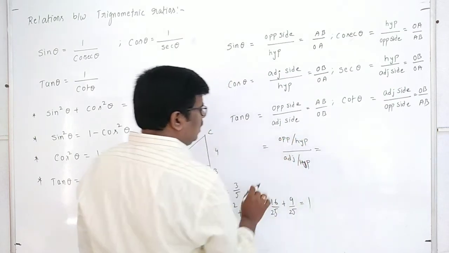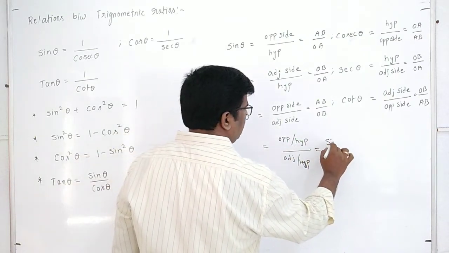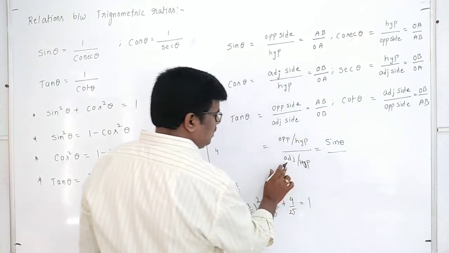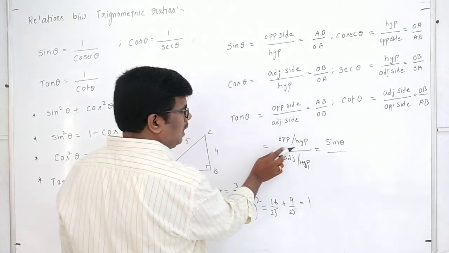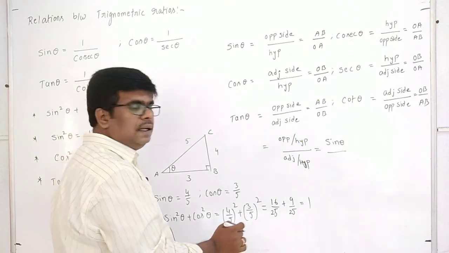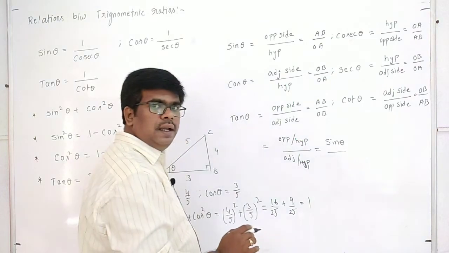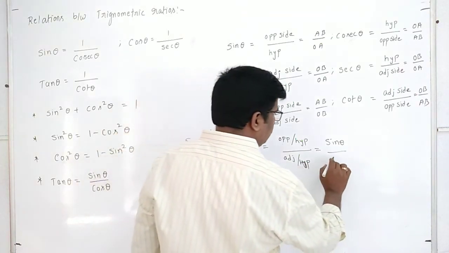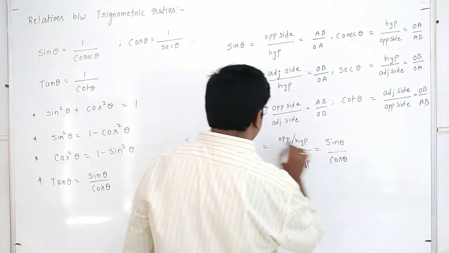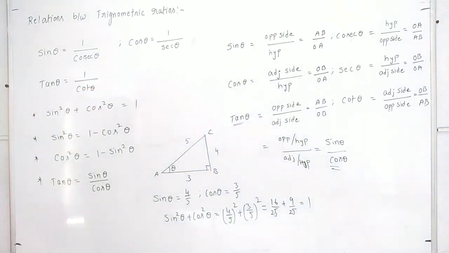Opposite by hypotenuse is sine theta and adjacent by hypotenuse is cos theta, the hypotenuse gets cancelled. So tan theta can be written as sine theta by cos theta. That is what we wrote.